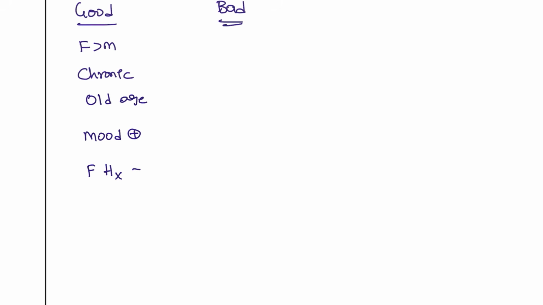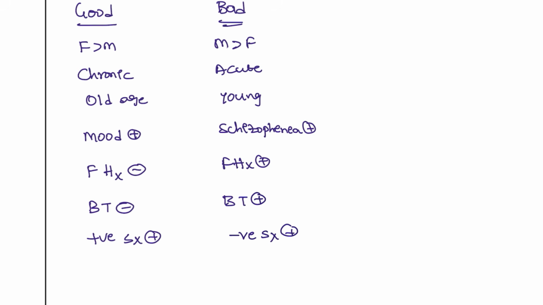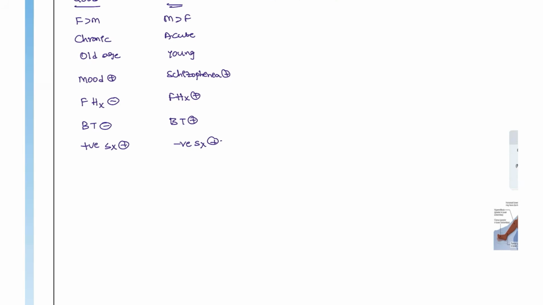Family history is not present, birth trauma is not present, and only positive symptoms are present. All are good prognosis. Bad prognosis: males, acute onset, young individuals, previous history of schizophrenia, family history like mother or father suffering from this condition, birth trauma present, and negative symptoms present. All this will be considered a bad prognosis for the patient.